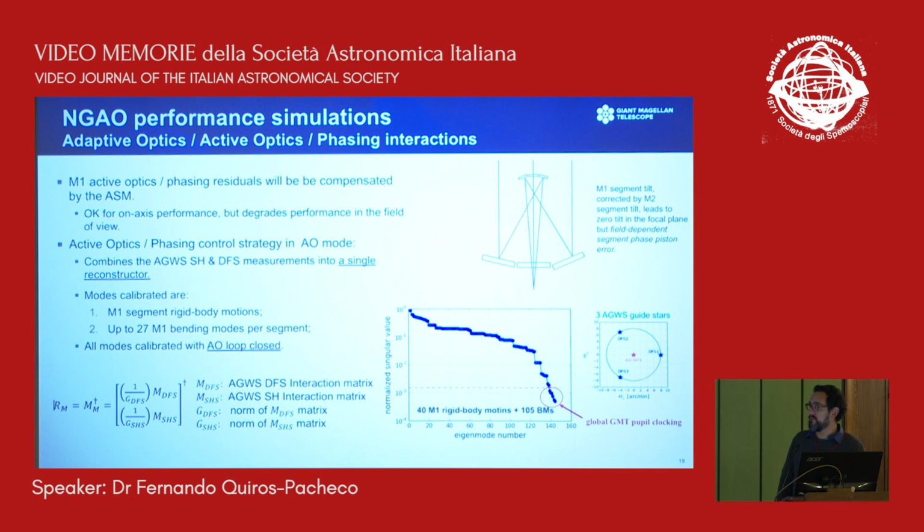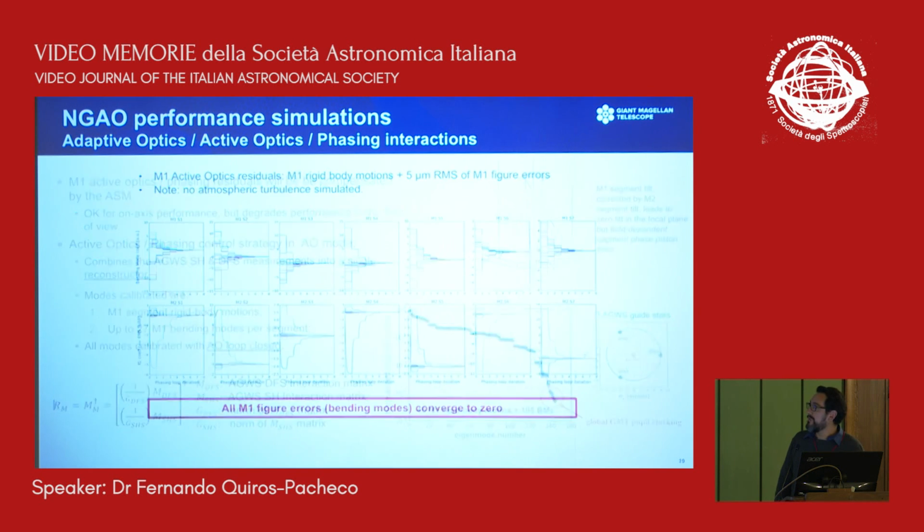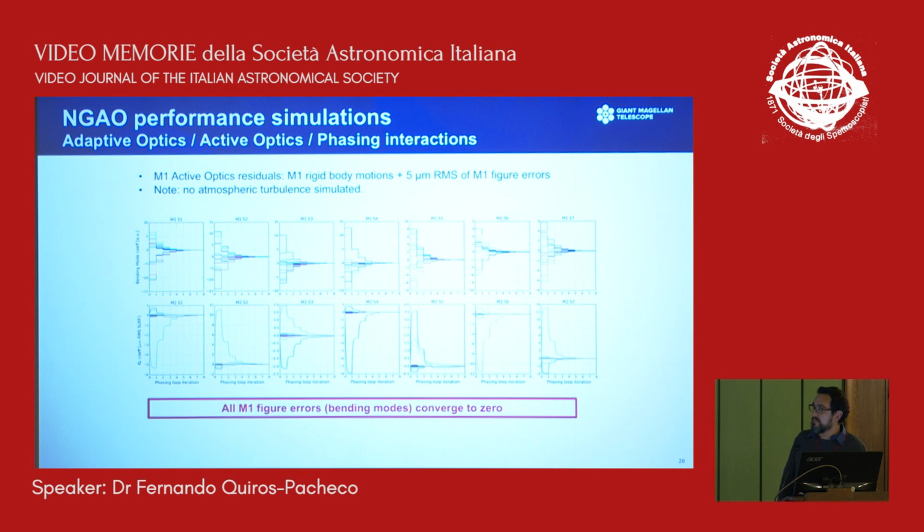And we use both the signals produced by the Shack-Hartmanns and the dispersed fringe sensors together in a strategy that we have called the merge reconstructor. And you can see here that all the upper plots represent M1 bending mode errors that are being compensated on the lower plots. On all the lower plots, you see the KL modes, the AO correction per segment.